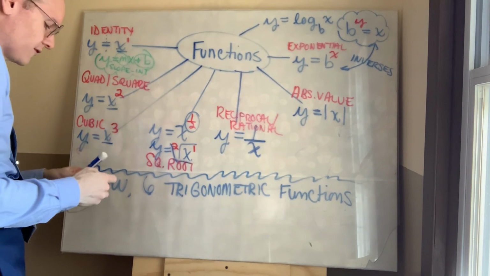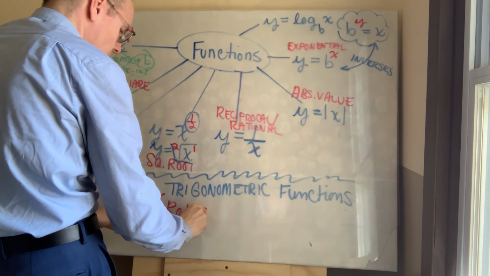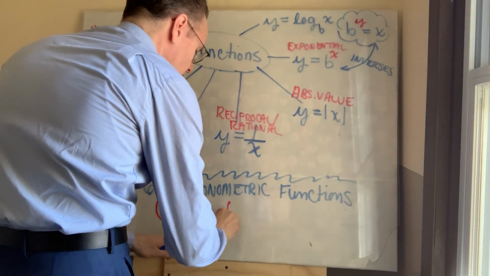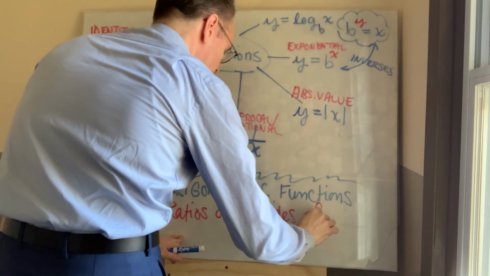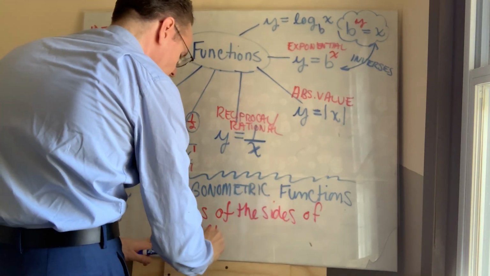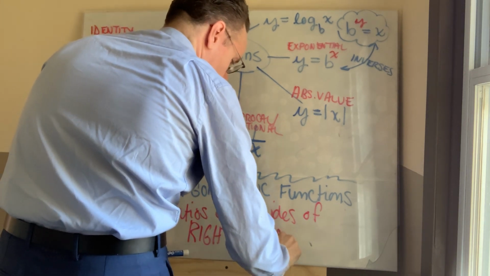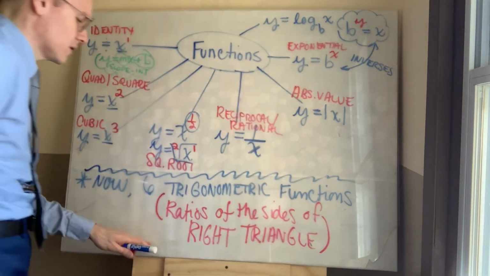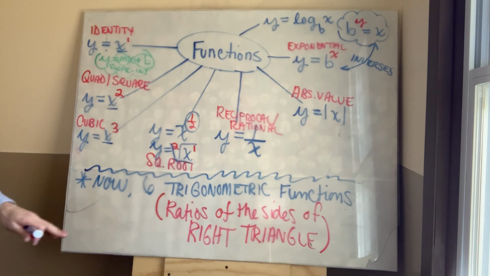The trig functions are basically ratios of the sides of a right triangle. Let me just check that this is in the frame of the camera. That's basically where they come from. It is good. The ratios of the sides of a right triangle.